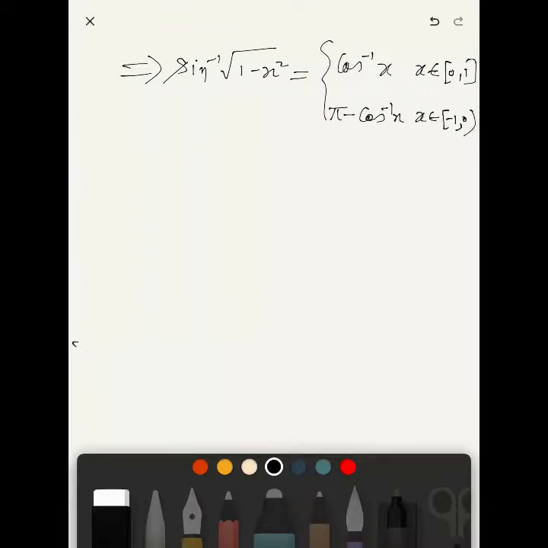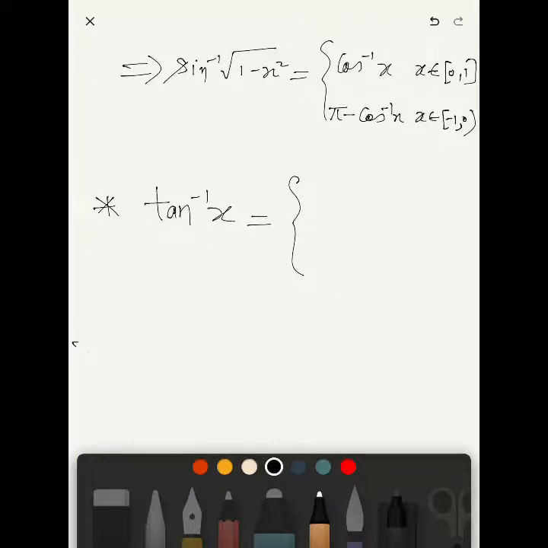Now let us see one question. Now convert tan inverse x to sine inverse x.